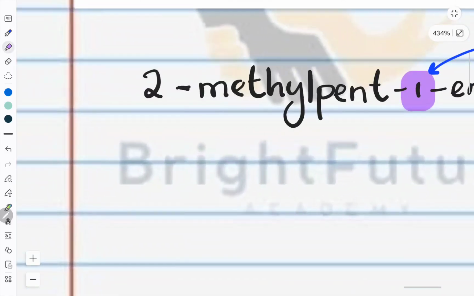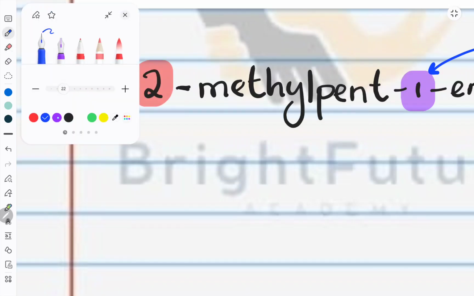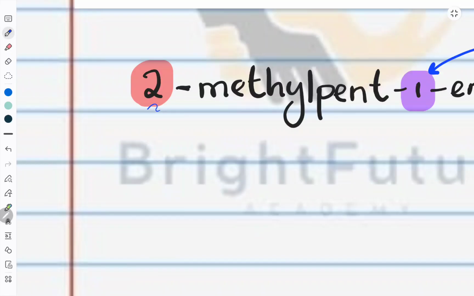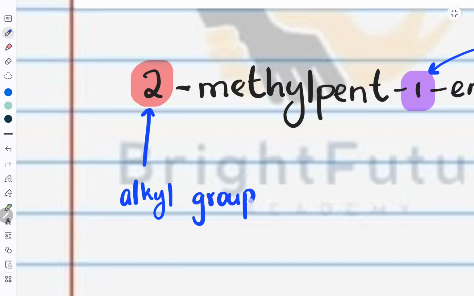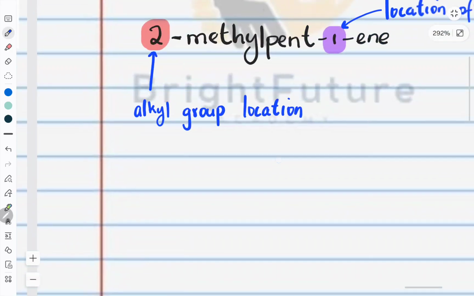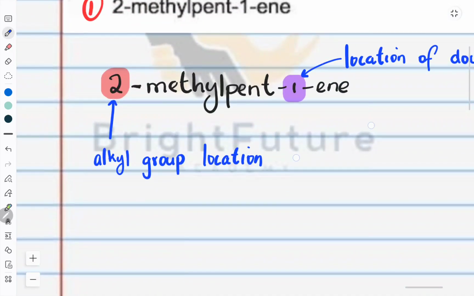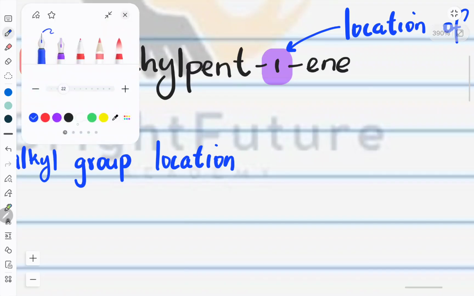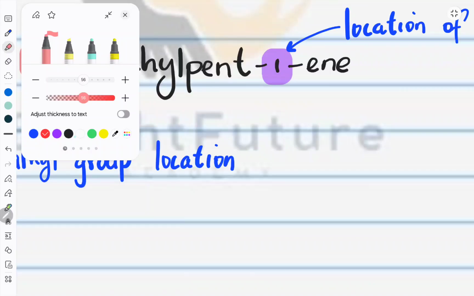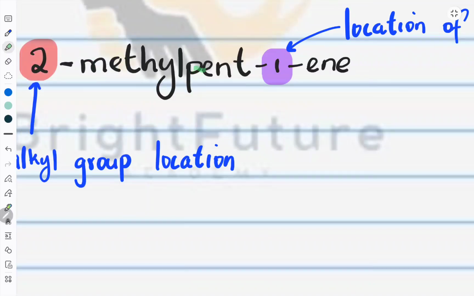And this one tells us the location of the alkyl group. So we can start sketching. Okay, and then from here pent tells us the length of the carbon chain of the parent chain. Don't want to use too many colors, but yeah.